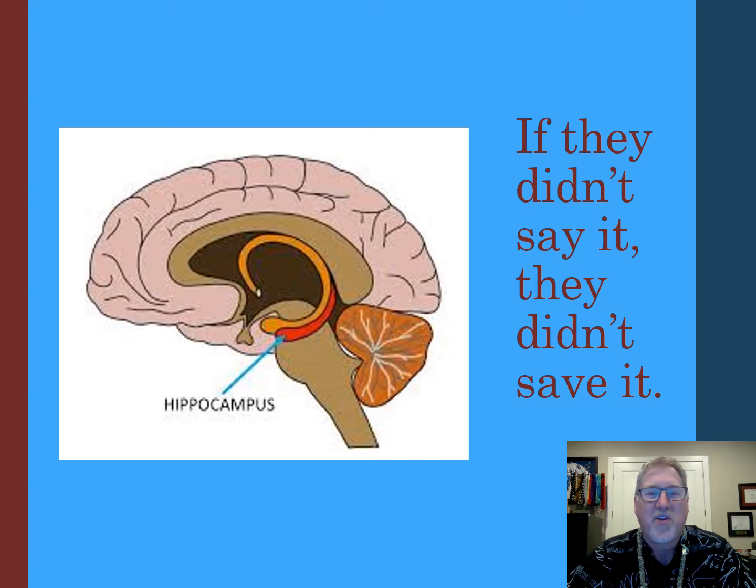You're going to be learning more and more about the hippocampus here. In the other classes, we were talking about the amygdala a lot. The reason we want the amygdala to be calm and we want to manage the amygdala is so we can get information through the hippocampus into short-term and long-term memory. A great way to do that is to get kids to talk. In this module and in this presentation, we'll talk about how that helps and why that helps.